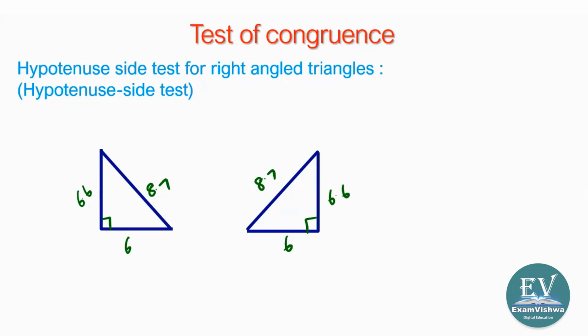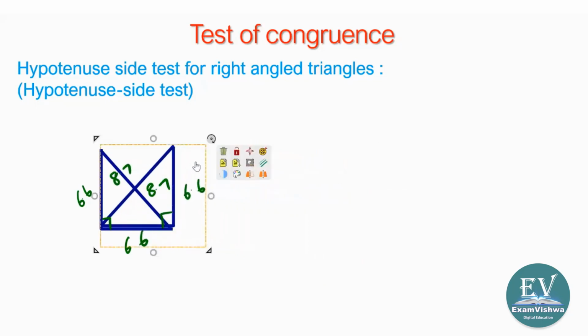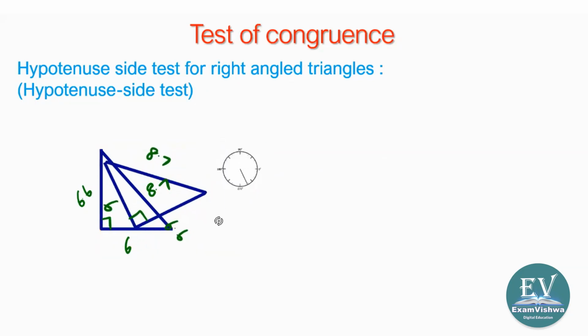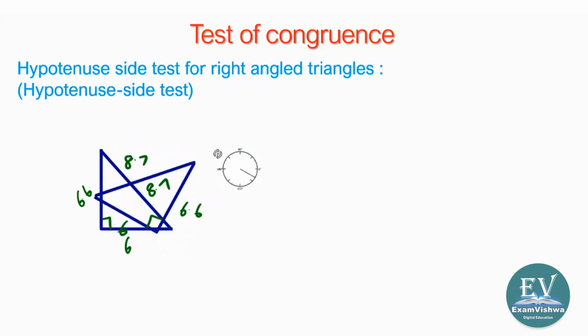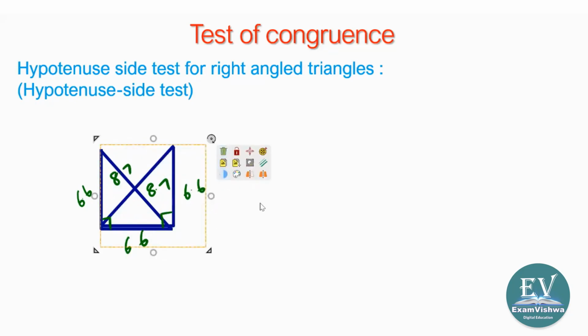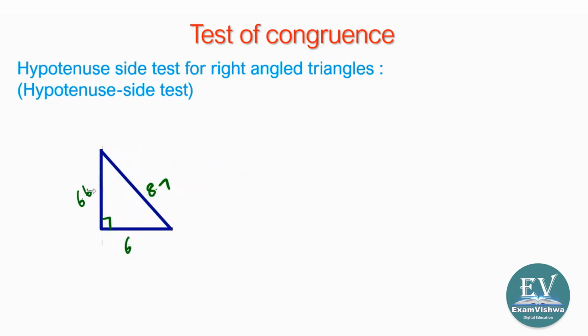We can check the congruency of these two triangles in the digital world in a very different way. If I carry this triangle here and try to turn the triangle in such a way, can I place it? Not possible. I am trying whether I can place it or not.